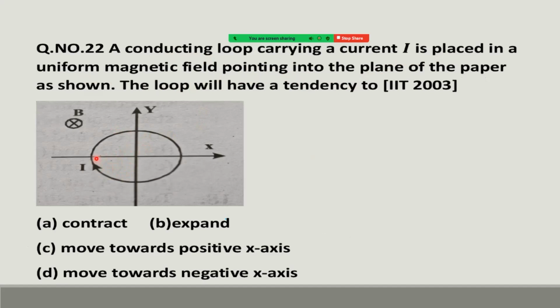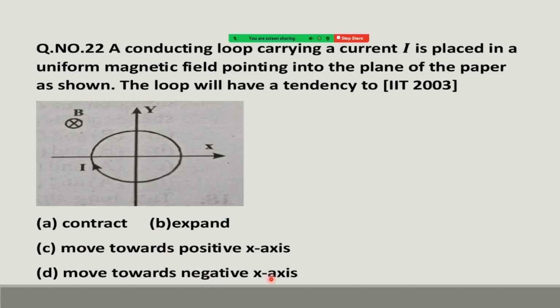Current is given clockwise and field is pointing into the plane of the paper. The loop will have a tendency to contract, expand, to move towards positive x-axis, or to move towards negative x-axis.